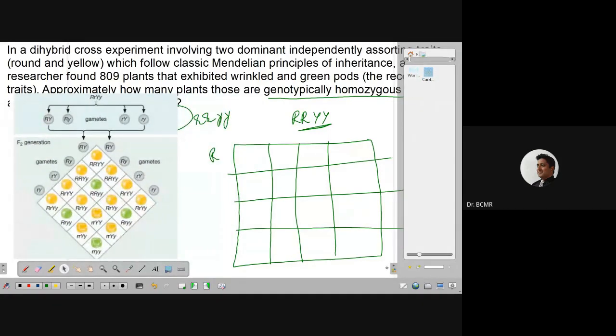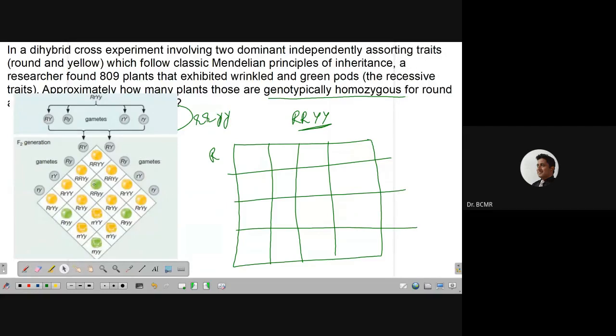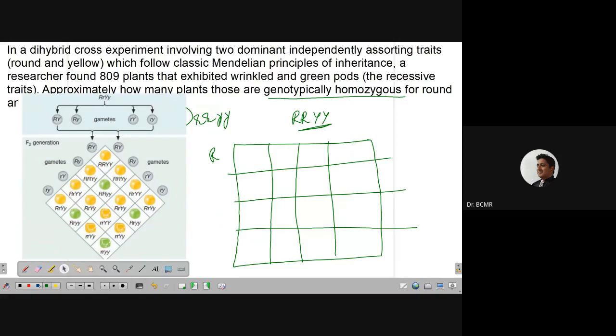In this, if you see how many are RRYY, that's the simple way. I'm finding an easy way for me. One is 1. What we will do is I want you to understand the ratio between these two.